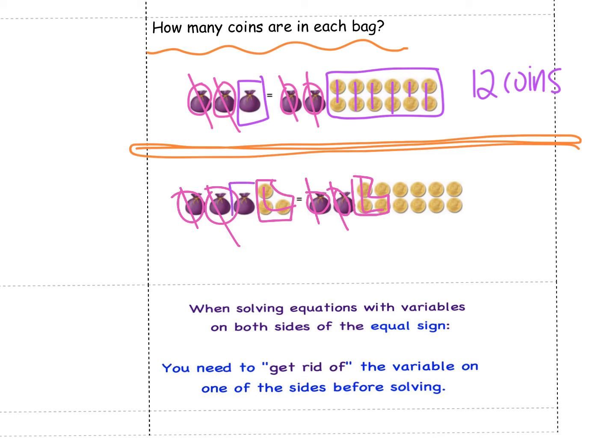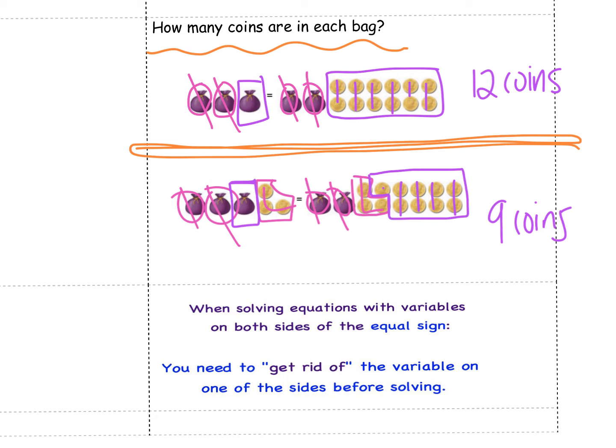So by default, 1 bag is the remaining coins, 2, 4, 6, 8, 9. So my second problem, it's 9 coins. And so if we think about canceling on both sides, that's all we're doing today with variables on both sides. When solving equations with variables on both sides of the equal sign, you need to get rid of the variable on one side.